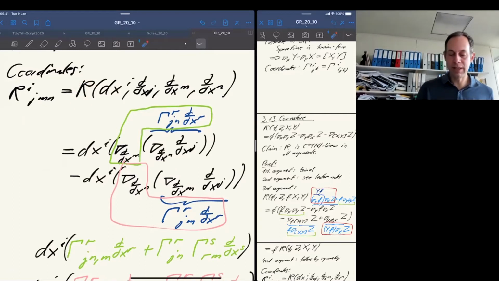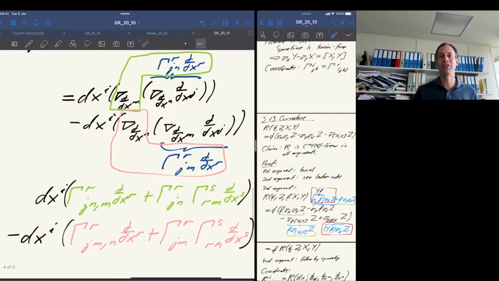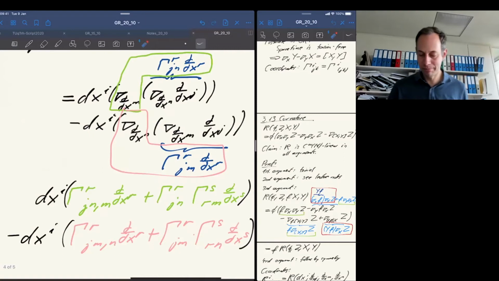But if I take the derivative of R, I, J, M, N, that is again a scalar because it's R evaluated at all these positions. That's just a real number, and the same goes for the gammas. These things are really real numbers. Thanks for the question; that is probably something that could have been unclear to many.